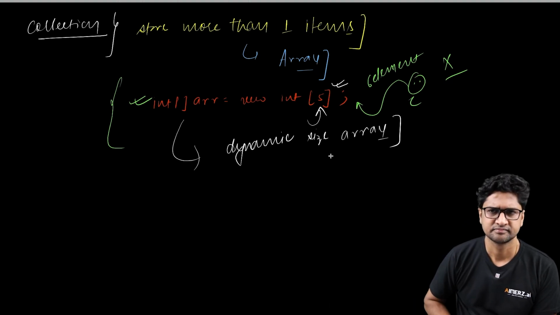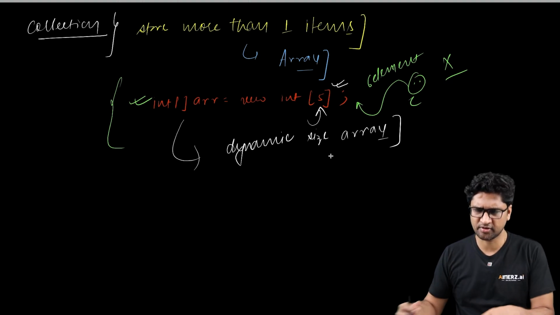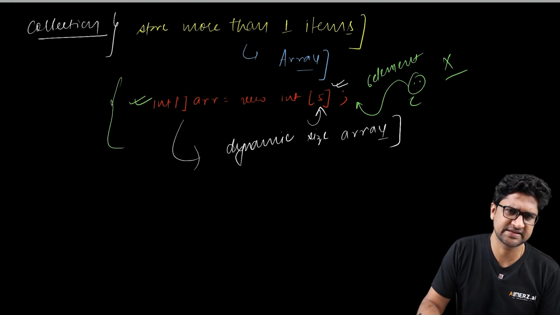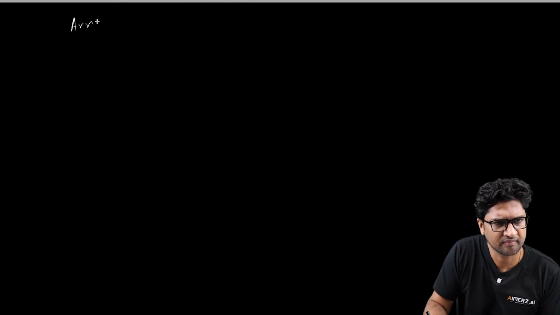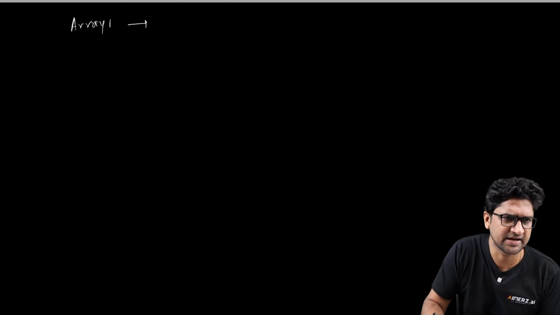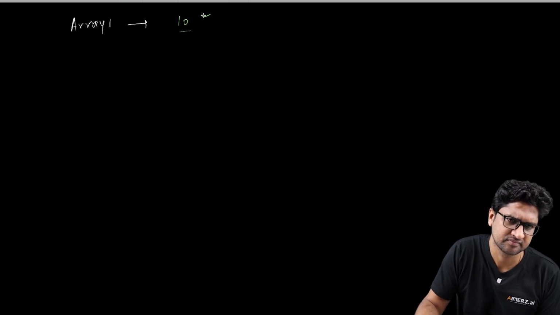array. Normally people have to solve the problem themselves, and later on in data structures we will see that. Let's say I have an array 1 and this is of size, for example, 10.